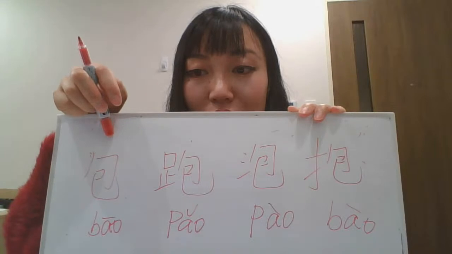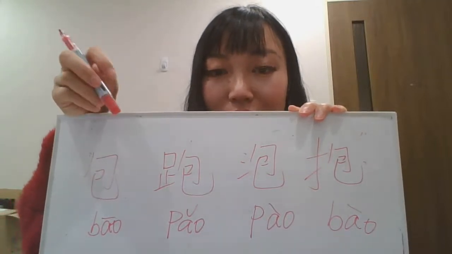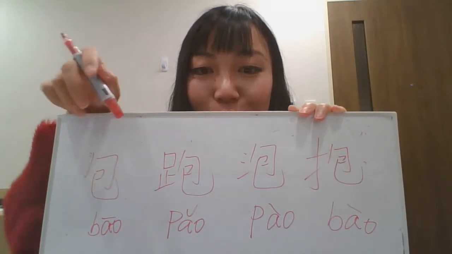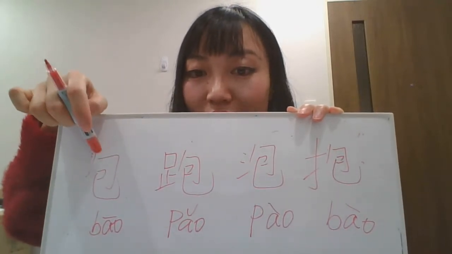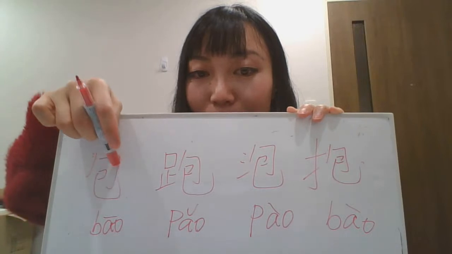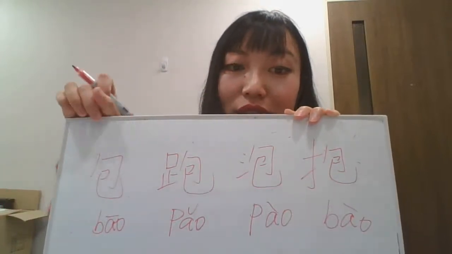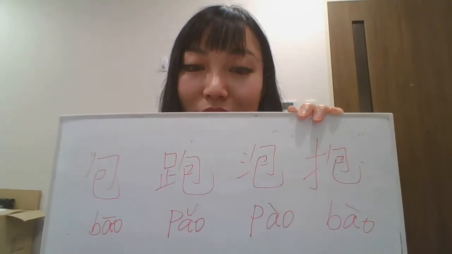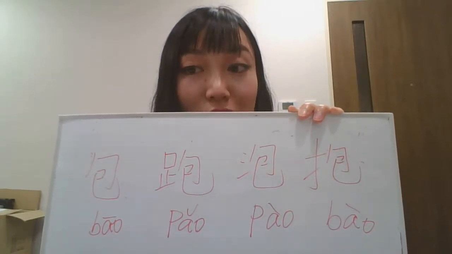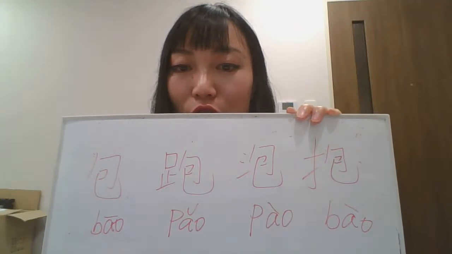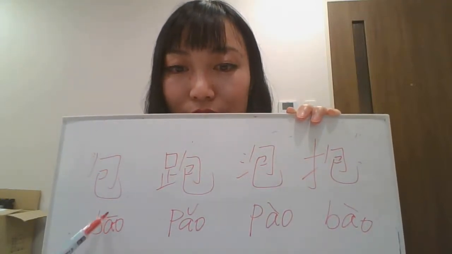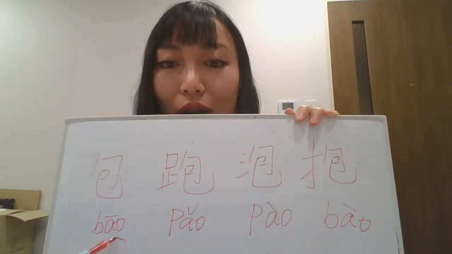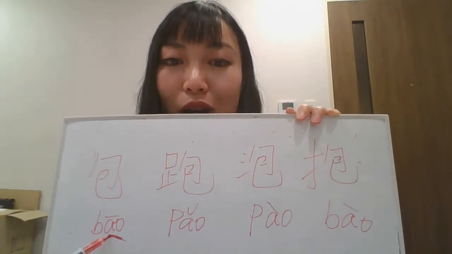So how can we learn Chinese? How can we remember Chinese? It's very easy. One thing we can do is check that this character has these parts. Basically, they look similar. So if the characters are similar, basically the pinyin is going to be similar. So bao, look here: it has AO, so it's bao.